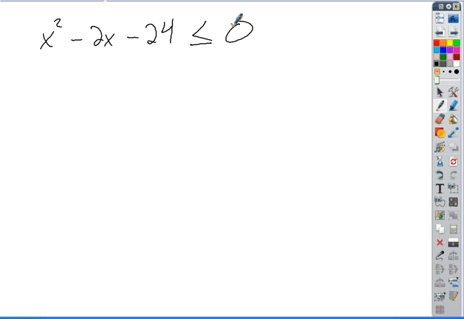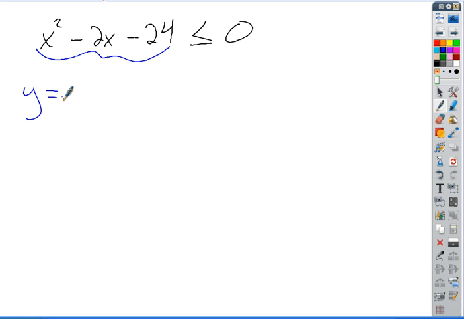to connect this quadratic expression to what we know its graph, or at least a sketch of its graph, would have to look like. Okay, now, we know that this is in standard form, so 0 is on the other side. If I just take this quadratic expression on the left side, let's imagine that as a function instead.